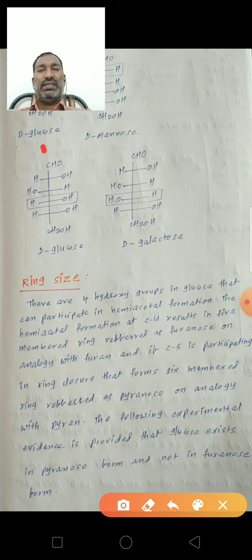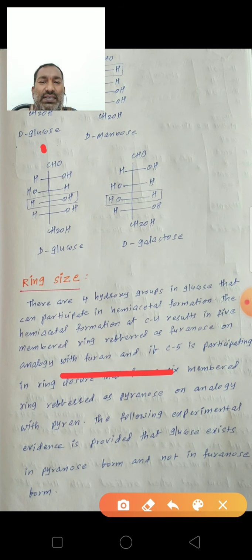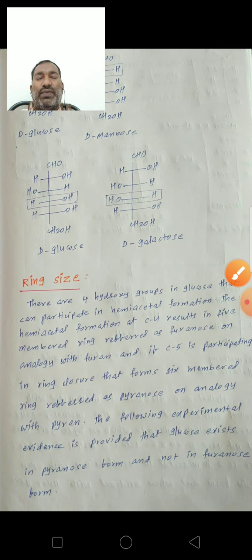D-glucose and D-galactose differ only in the configuration at the C4 carbon. So D-glucose and D-galactose are also examples of epimers.